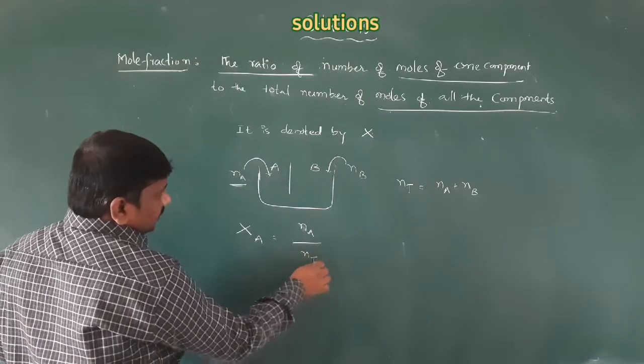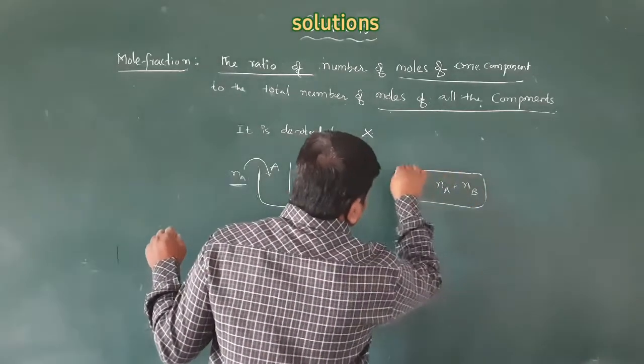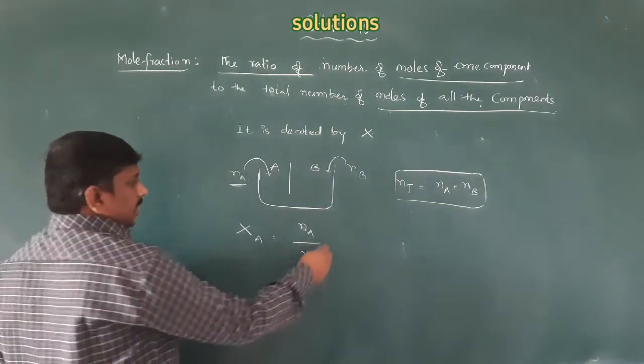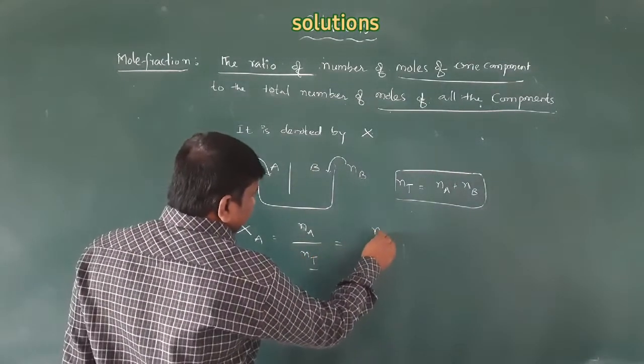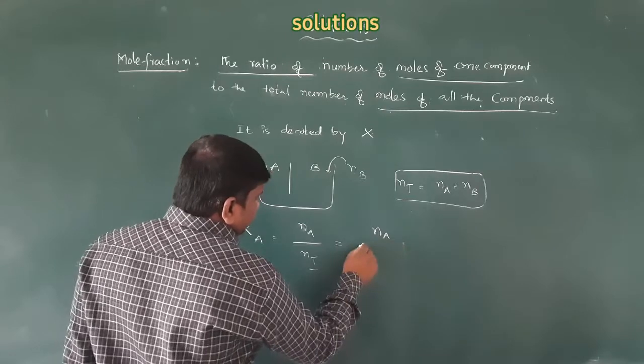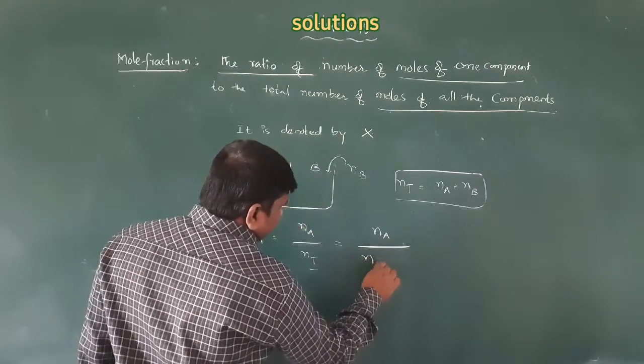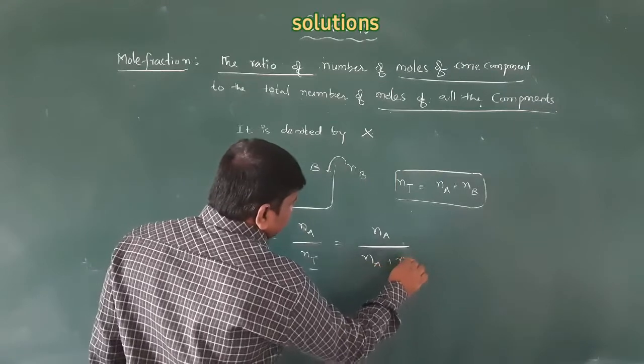NT means the total number of moles in the solution. So that is equal to NA, moles of A, by moles of A plus moles of B.